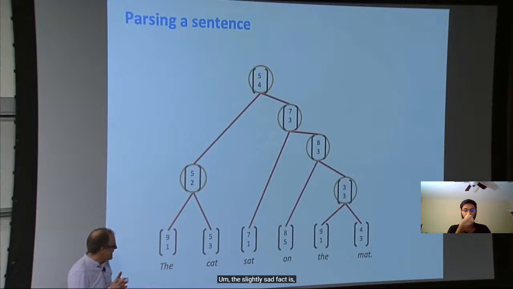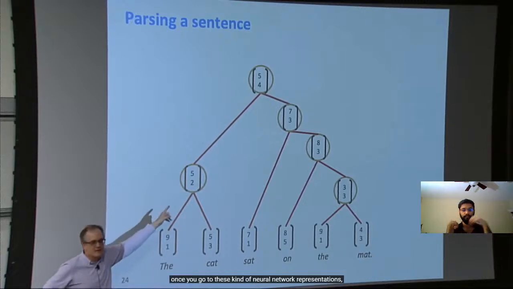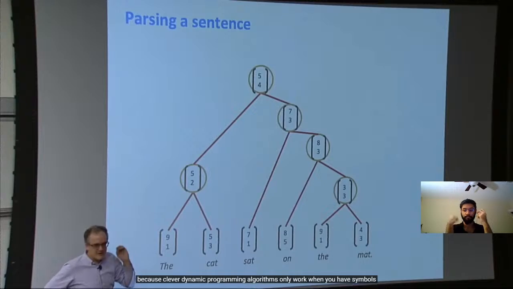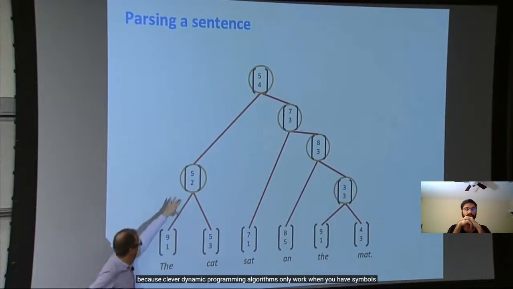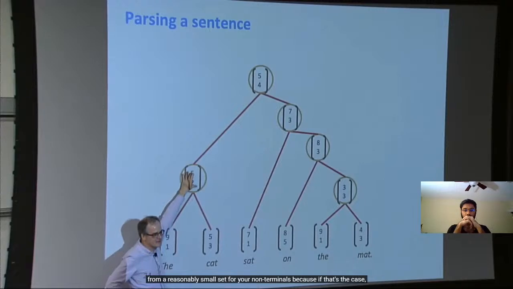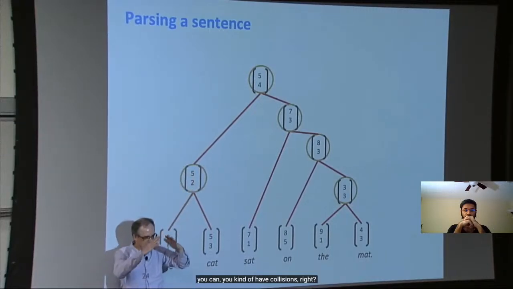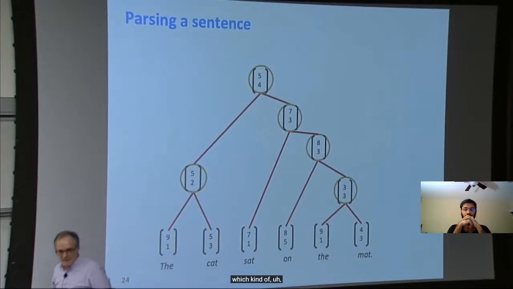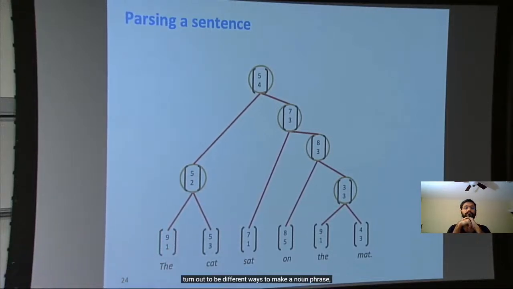The slightly sad fact is once you go to these kind of neural network representations, you can't write clever dynamic programming algorithms anymore, because clever dynamic programming algorithms only work when you have symbols from a reasonably small set for your non-terminals, because if that's the case, you kind of have collisions, right? You have lots of ways of parsing stuff lower down, which turn out to be different ways to make a noun phrase or different ways to make a prepositional phrase, and therefore you can save work with dynamic programming.